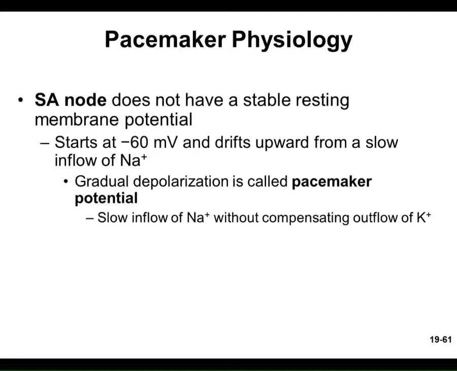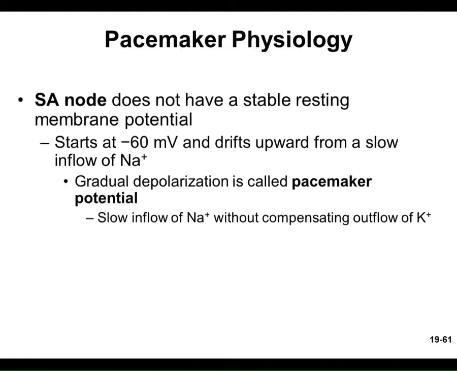Now what happens? Just think about, you've got a neuron or a muscle, doesn't matter, and if enough sodium comes in, what happens? We reach threshold and boop, an action potential is sent off, right? We get it. Well, it turns out that these cells of the SA node have leaky channels. So they don't have a good resting membrane potential.